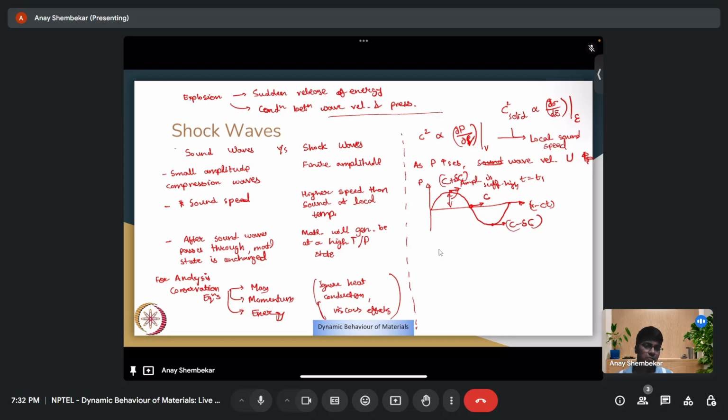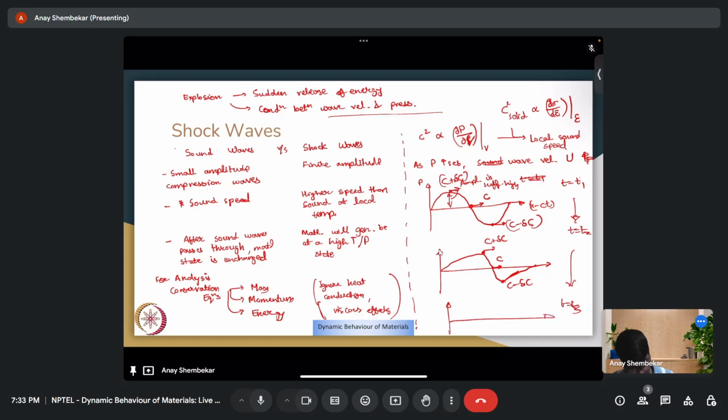So different pressure components will move at different speeds. As we move from time t1 to time t2, you will have this: C plus delta C, this is C, this is C minus delta C. If I go one step ahead, t equal to t3, you may even have an inversion of sorts.